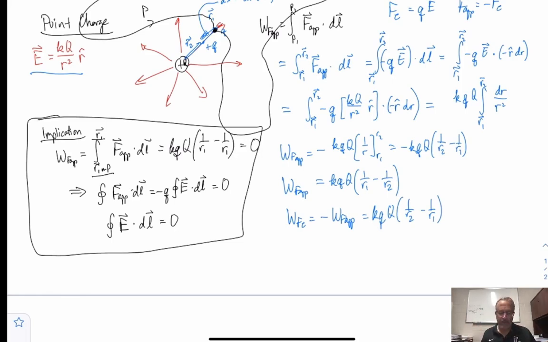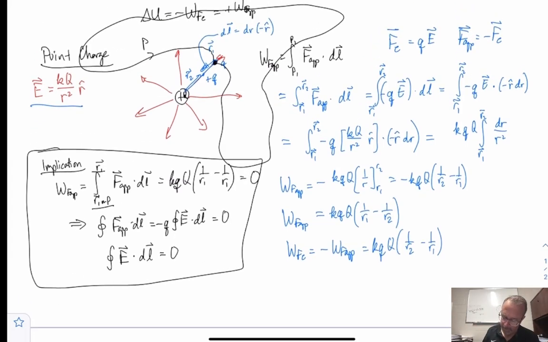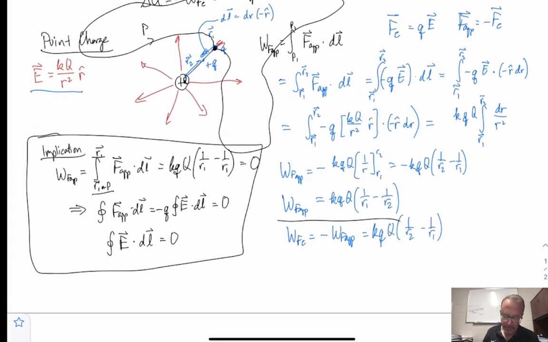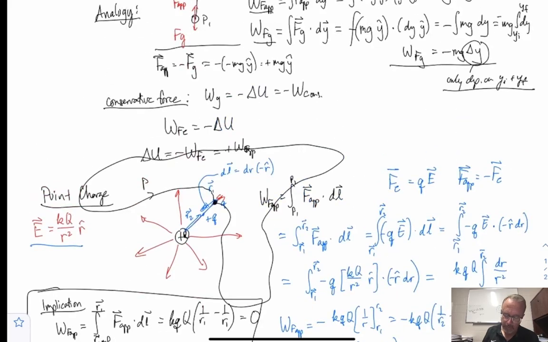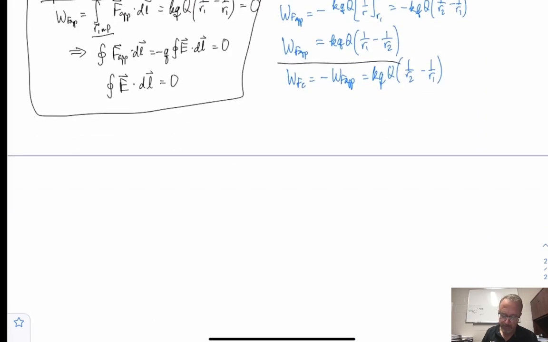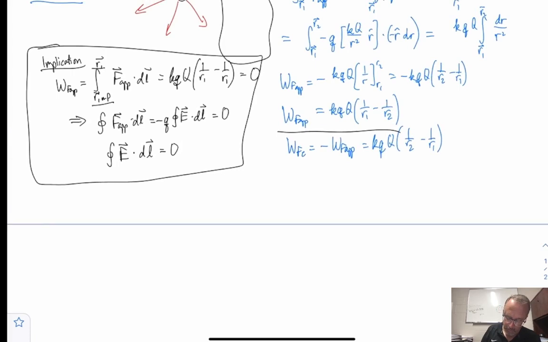Okay, so all that to say, we've calculated the work done by the applied force using the same thing that we came up with up here. Remember that the work done by the applied force ended up equal to the change in potential energy. So here's what we can say.